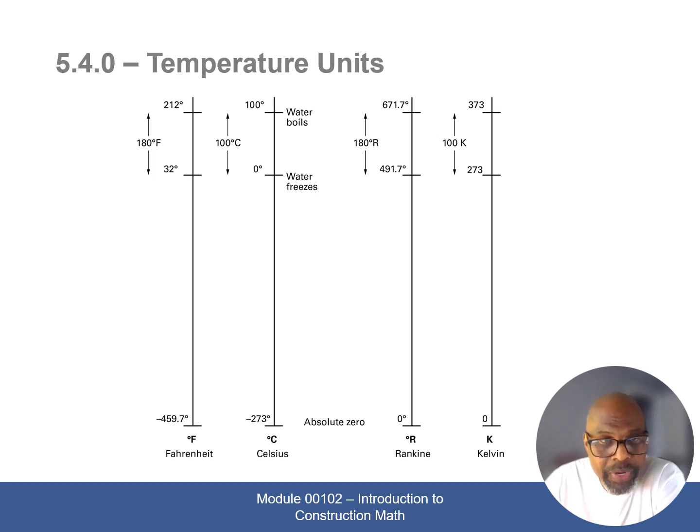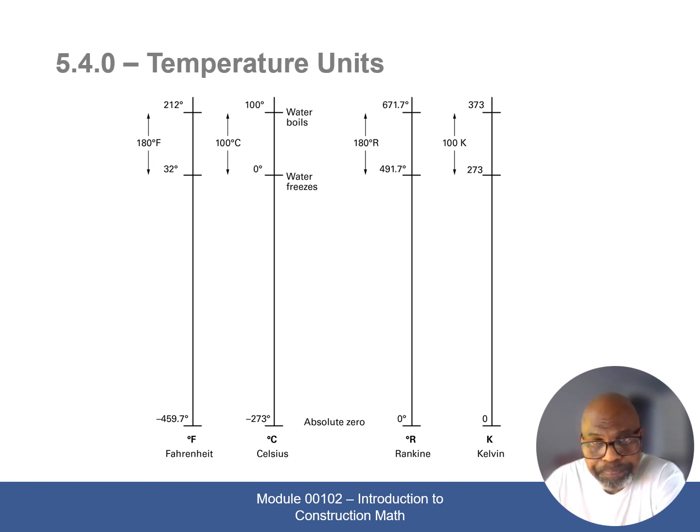So if I add 460 degrees to 32 degrees, which is the freezing point, I would know what the Rankine freezing point is, and that's pretty much where it comes to if you round it off. And the same thing with the boiling point. If I take 212 degrees and add 460 to it, I pretty much get the boiling point in the Rankine scale.